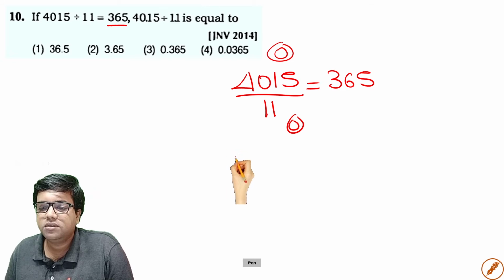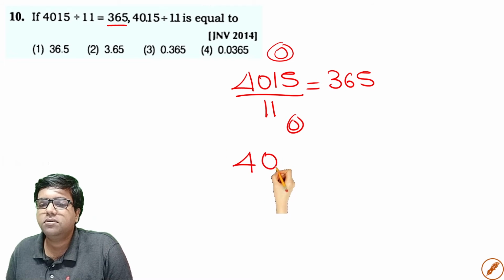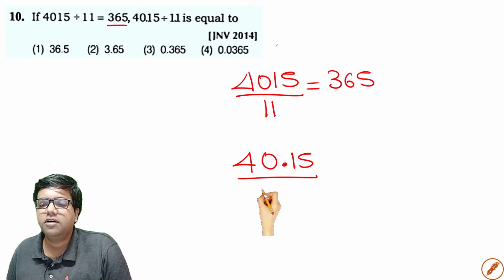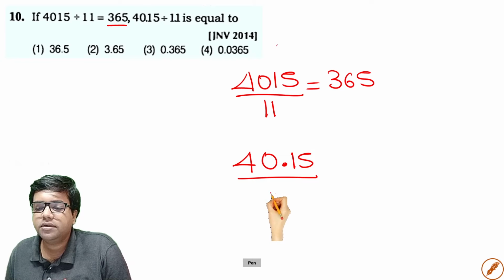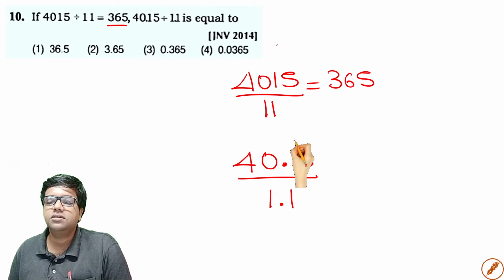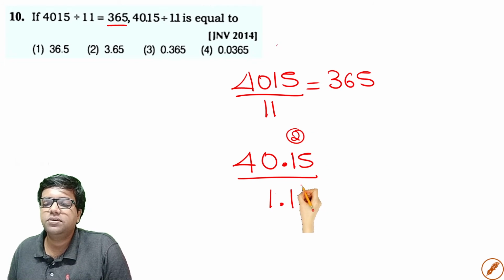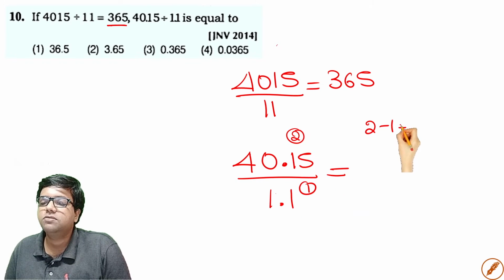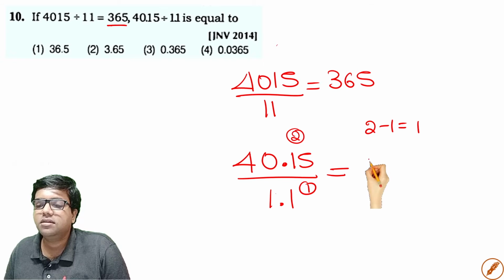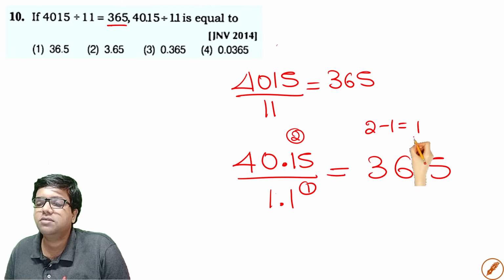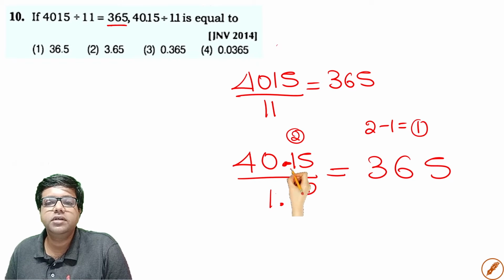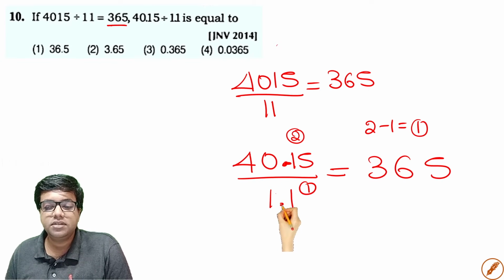Similarly, 40.15 by 1.1. 2 digits are there after the decimal point here, and 1 digit is there after the decimal point here.